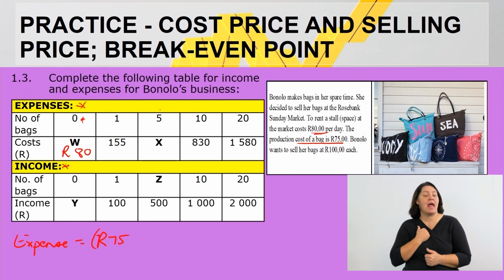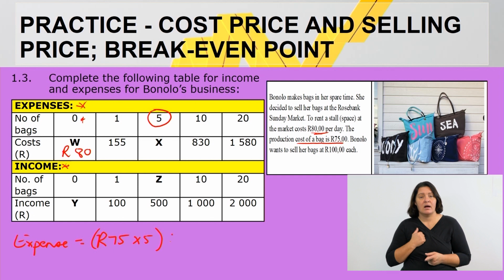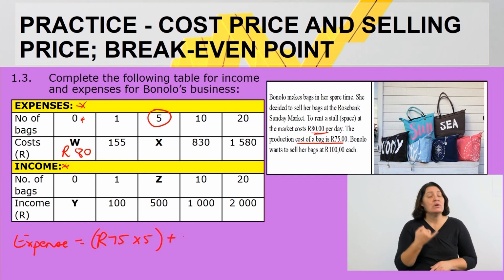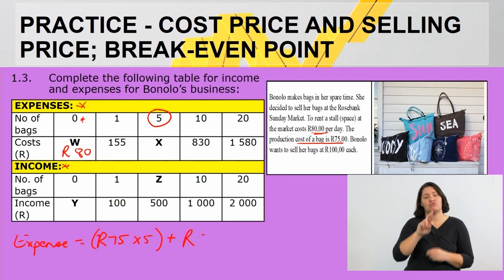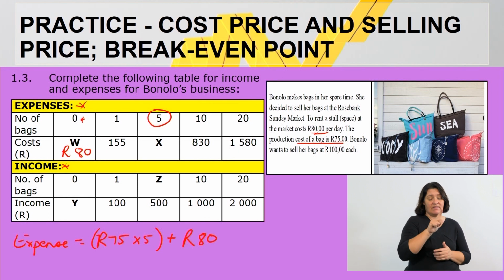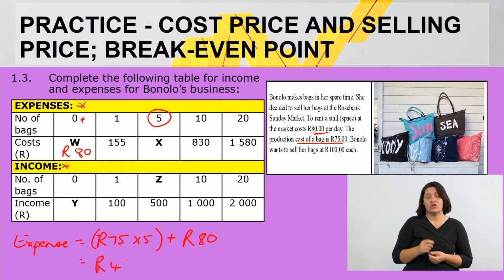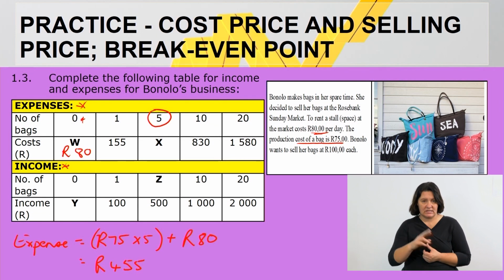How many bags are we referring to? That is 5 of these bags. Plus, and don't forget about this, we still need to add the 80 Rand for the hiring of the store because that forms part of the expenses. I'll say 75 multiplied by 5, that will give you 375, and then I'm going to add my 80 Rand. Okay, so therefore, this will be 455 Rand. I'm going to write it down here.